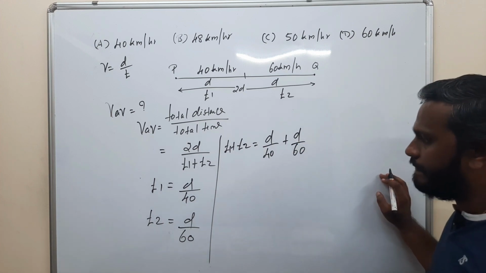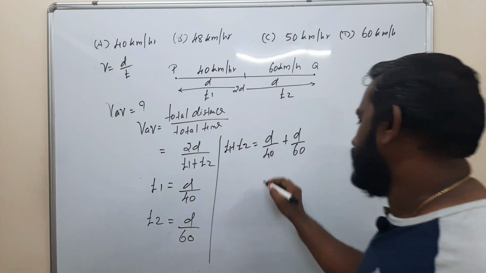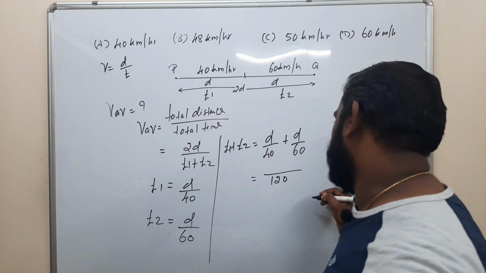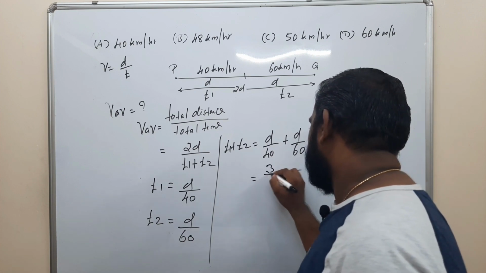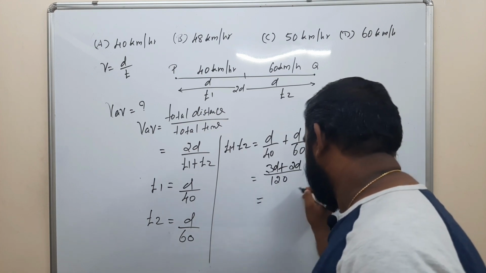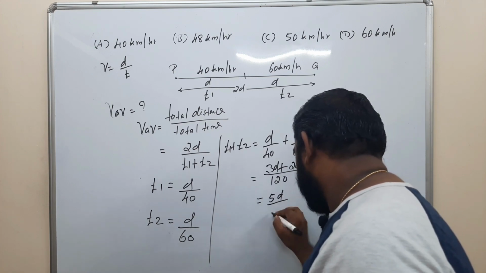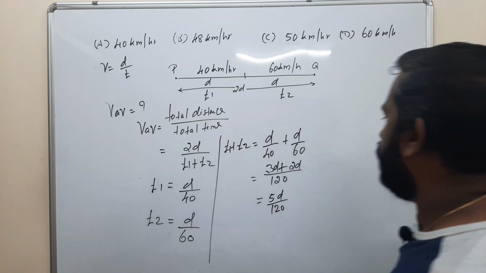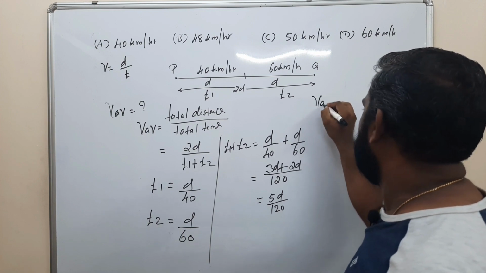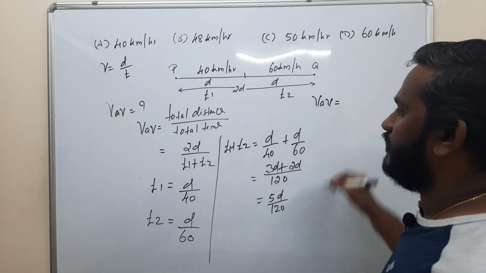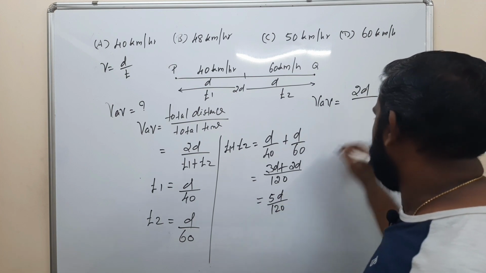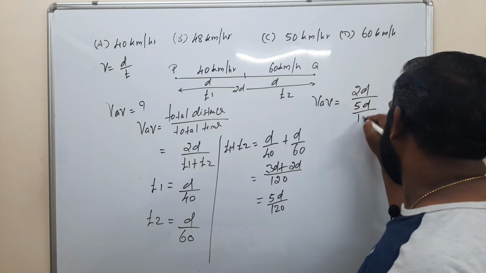What is the LCM? 120 is the LCM. So 120 upon, 4 3 times, that is 3d, plus 2 times, that is 2d. So 3d plus 2d, that is 5d divided by 120. Substitute in the formula: VAB is equal to total distance, 2d, divided by total time, 5d by 120.